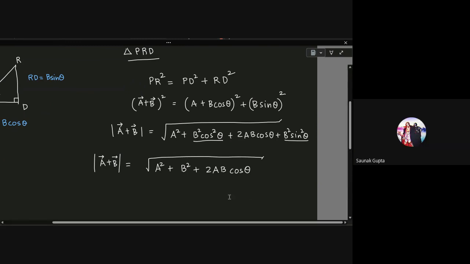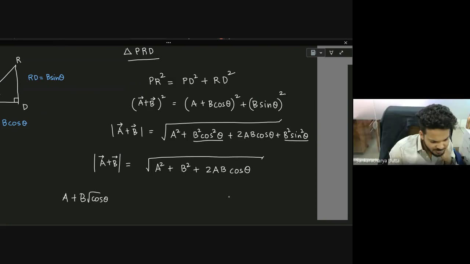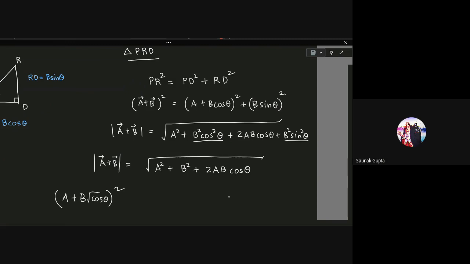So then can we write it as A plus B whole into root cos theta? Is this what you're saying? A plus B in bracket into root cos theta.